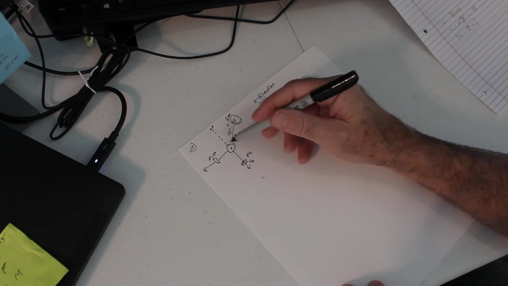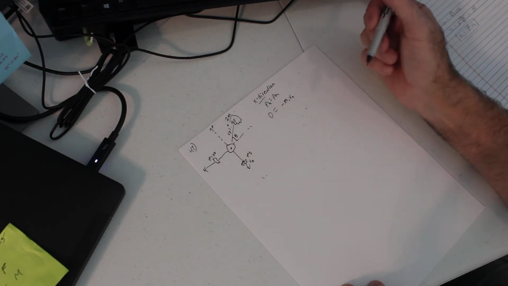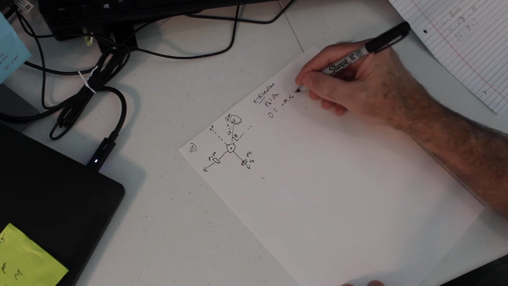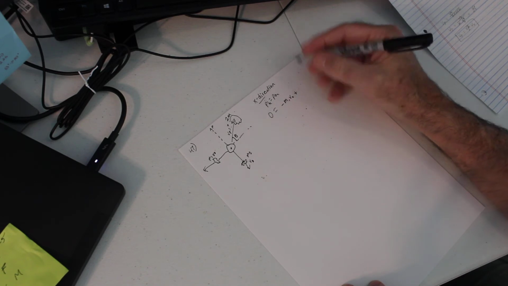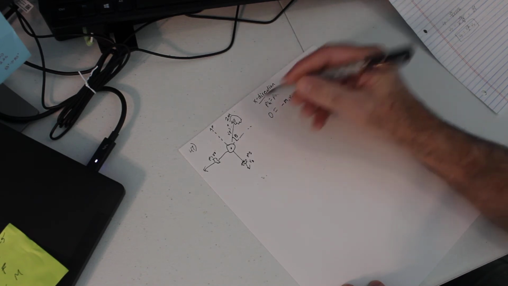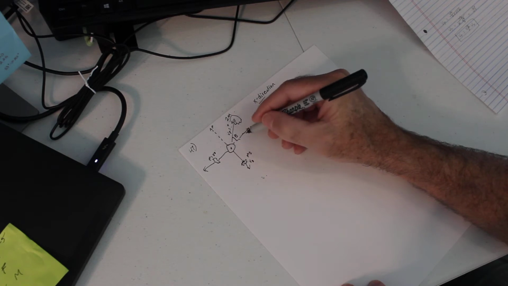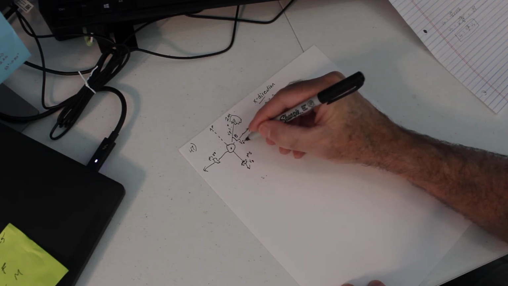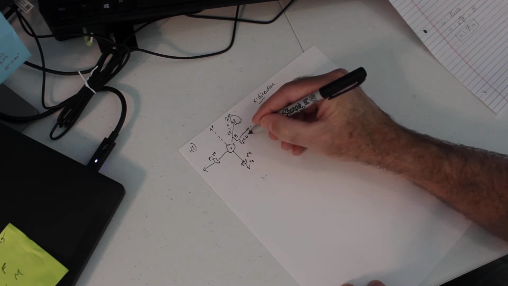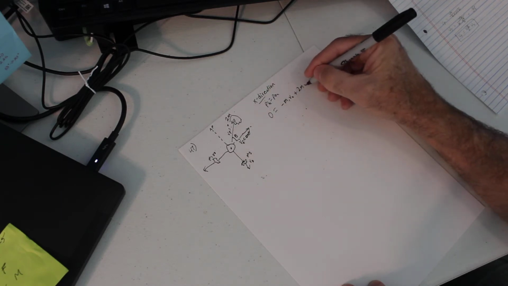Part 2 has no momentum in the x direction because it's totally in the y direction. But the 2m part plus 2m times, and we need only the component of this in the x direction, which is v final cosine of theta.